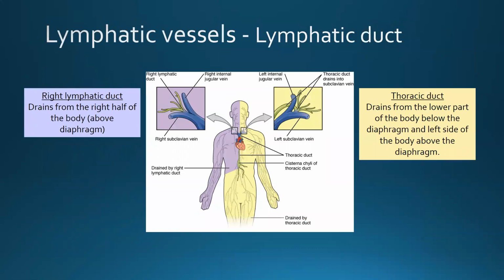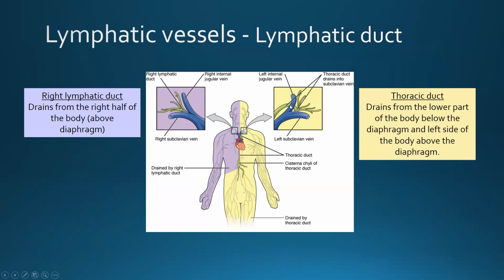Okay, lymphatic duct. The lymphatic duct is the bigger vessel. There are only two lymphatic ducts: the right lymphatic duct, here, and the thoracic duct. Yeah, this is the thoracic duct. The thoracic duct is the biggest lymphatic duct.